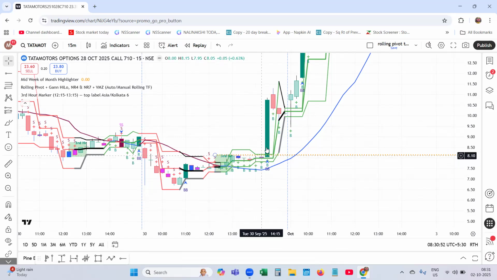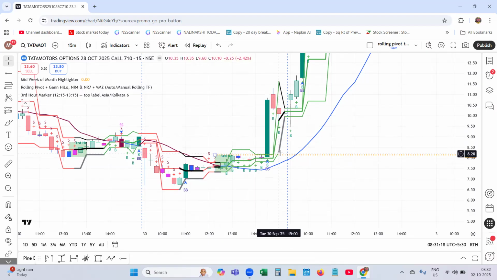When the price moves above in the London and European session, you could have entered even earlier with the third hour marker. The third hour marker will tell you the direction of the market, the sentiment of the market, and who is coming. Any big player entry or big institutional entries can be seen instantly.